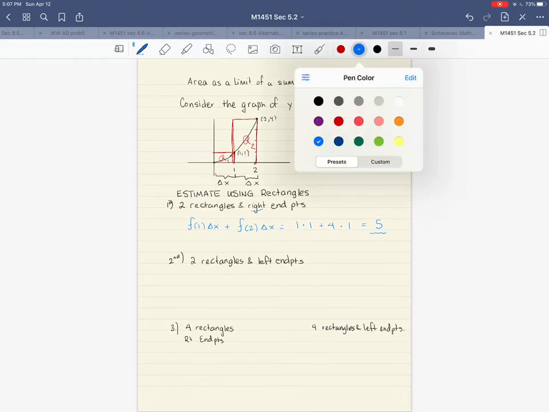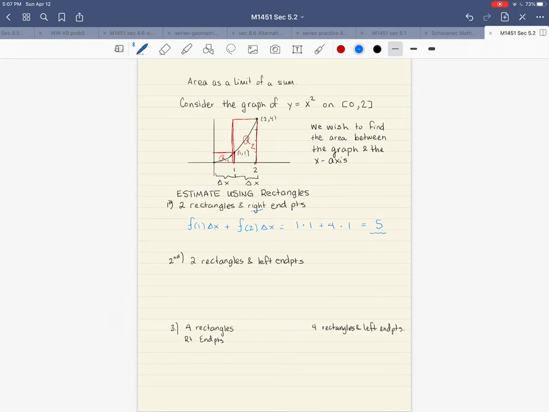So next, I'm going to use the left endpoint and make blue rectangles here. The first rectangle won't even have much of a height because the left endpoint is at 0. And then the right endpoint is here. So for these two blue rectangles, I'm going to have my height is f of 0 times my width plus f of 1 times my width.